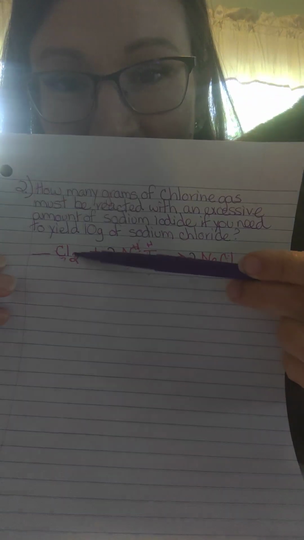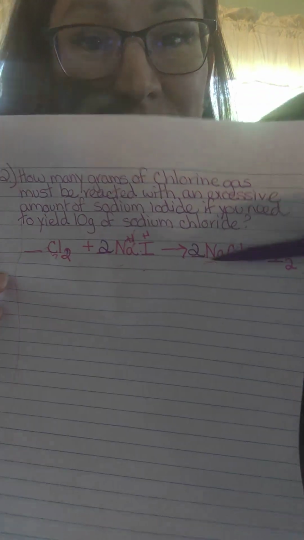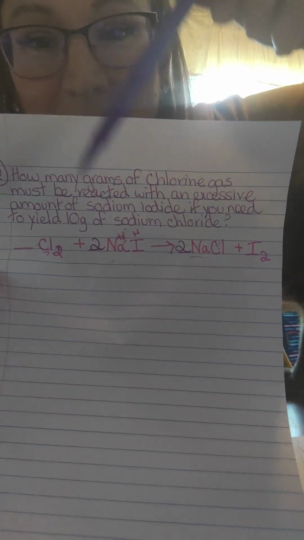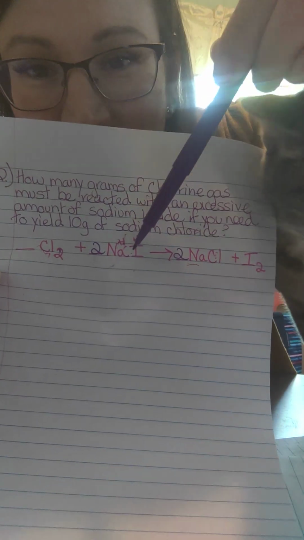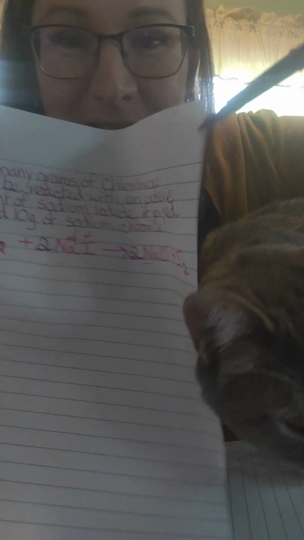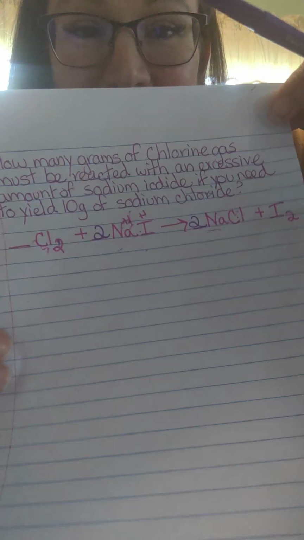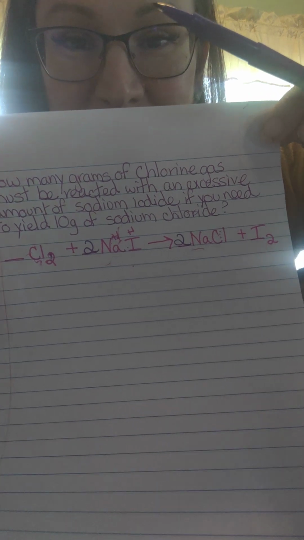So now we've got 2 chlorines, 2 chlorines, 2 sodiums, 2 sodiums, and then 2 iodines and 2 iodines. So we have a balanced equation now.